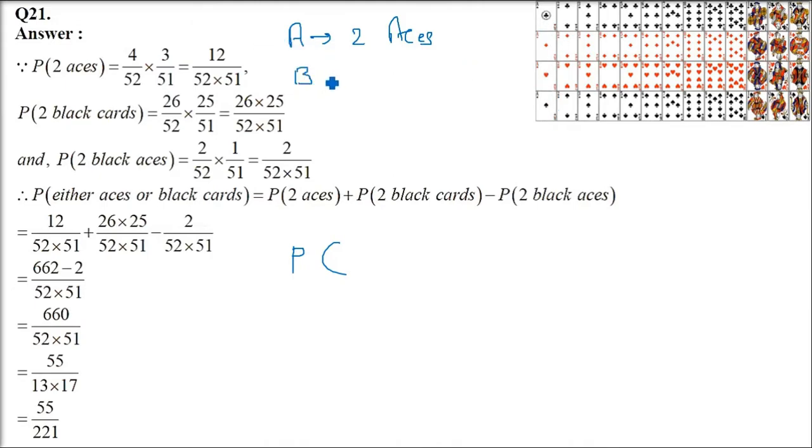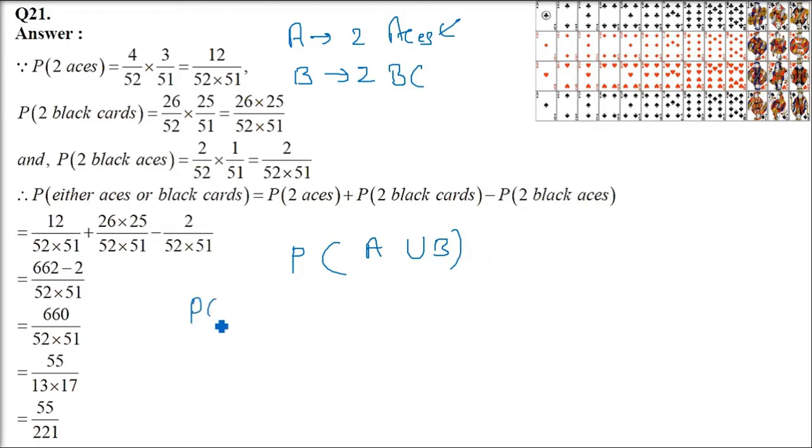So A, we are taking it as picking 2 aces, and B we are taking as 2 black cards. So when we try to find out A union B, because they are saying either aces or black cards, P A union B we have to find out.